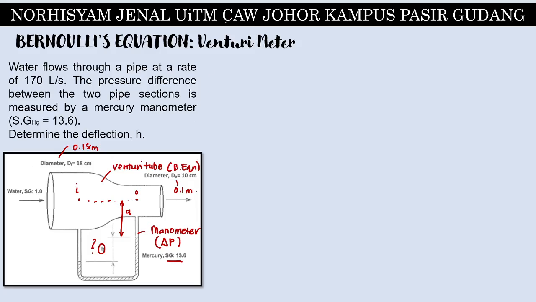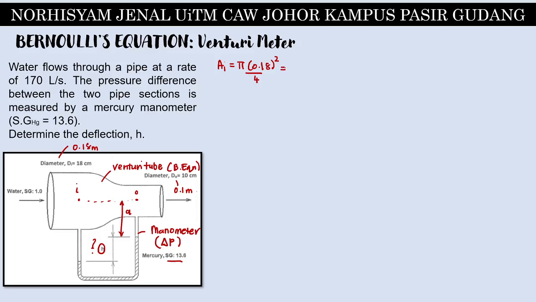Okay, so usually if you have to do this calculation and this involves Bernoulli equation, we need to find out the velocity. This is not a pitot tube. Why? We don't have any L-shaped tube here. So this is just a basic manometer and Bernoulli equation question. So to do this, first we find out what is the area of I, which is equal to pi 0.18 square over 4.